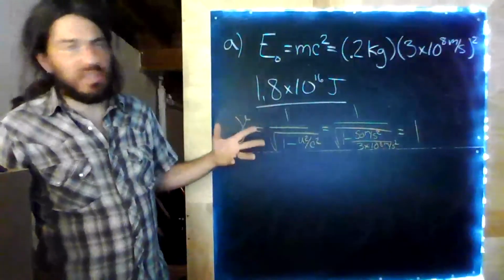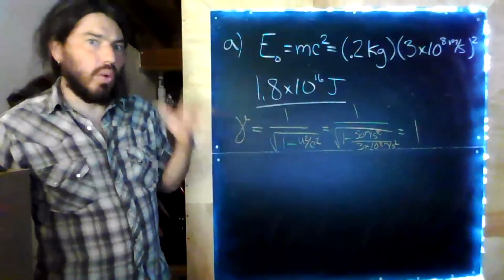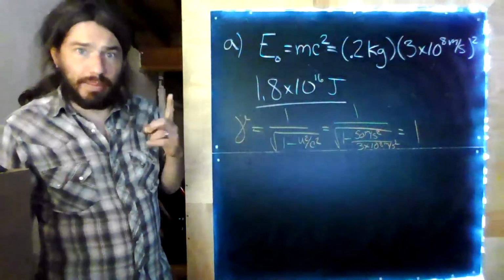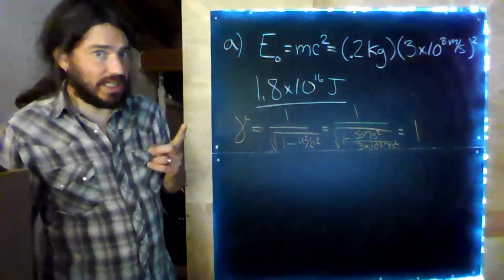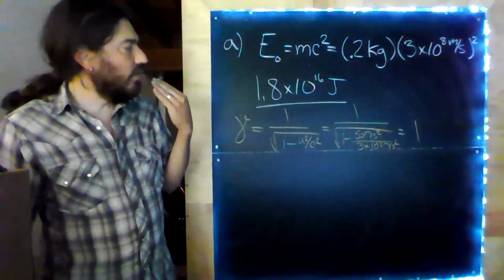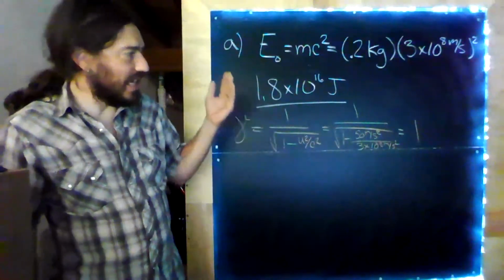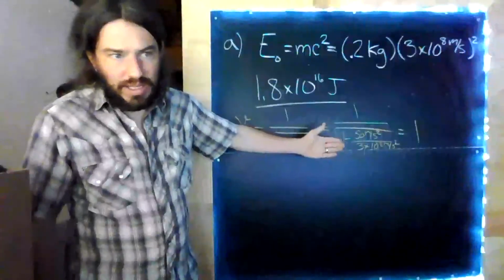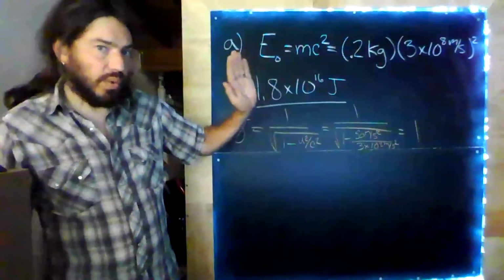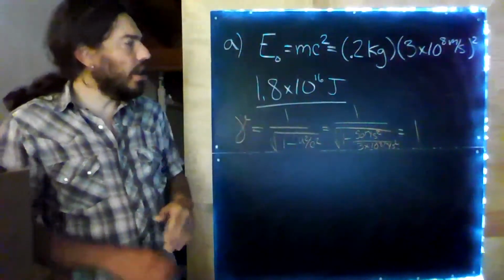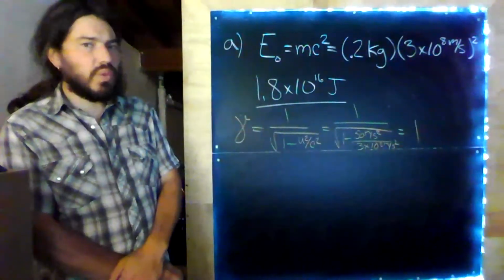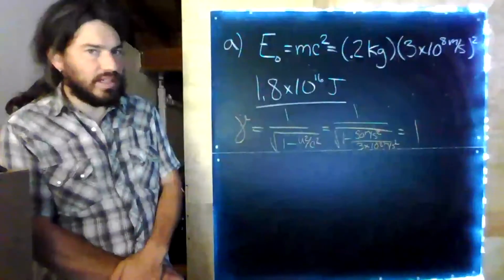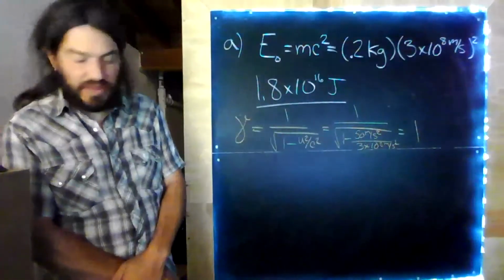We're not measuring the speed of this apple to 14 decimal places, I can tell you that. So for all intents and purposes, gamma is exactly 1 in this case. In fact, your calculator will just tell you it's 1. So if gamma is 1, we don't need to worry about a relativistic calculation for this apple.